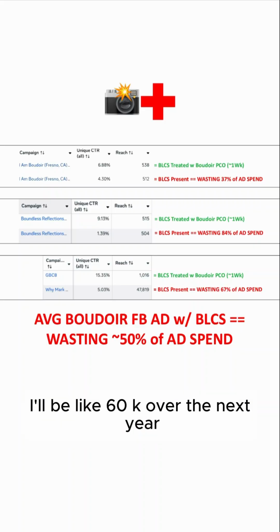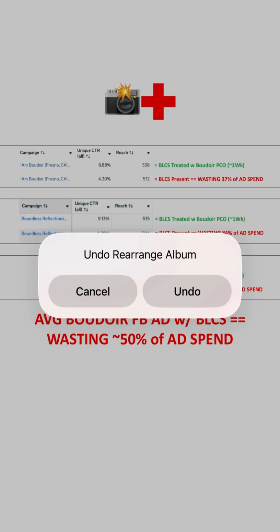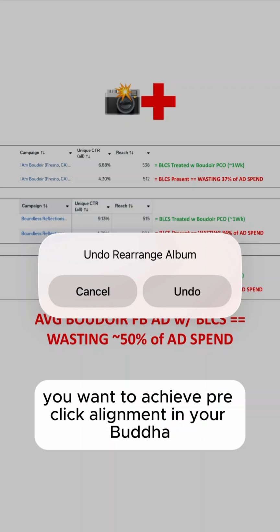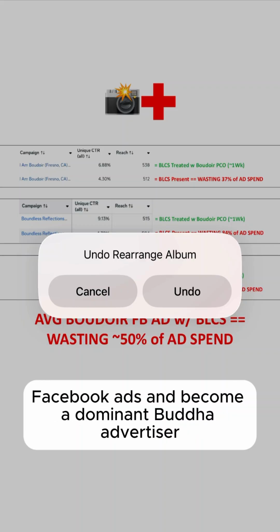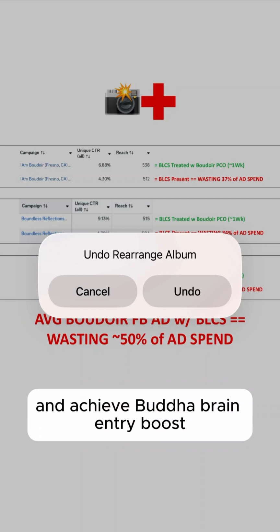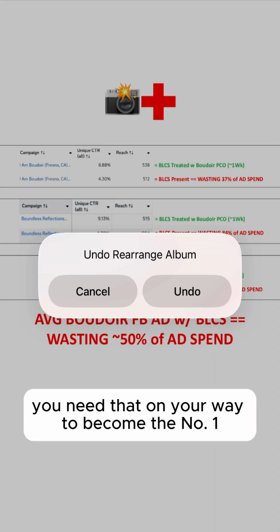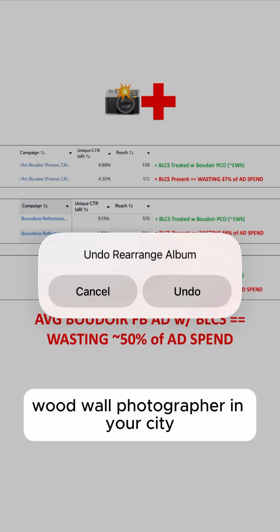That'd be like 60K over the next 12 months. So that's an outcome you want. And you want to achieve pre-click alignment in your Boudoir Facebook ads and become a dominant Boudoir advertiser and achieve Boudoir brain entry boost, because you need that on your way to become the number one boudoir photographer in your city.